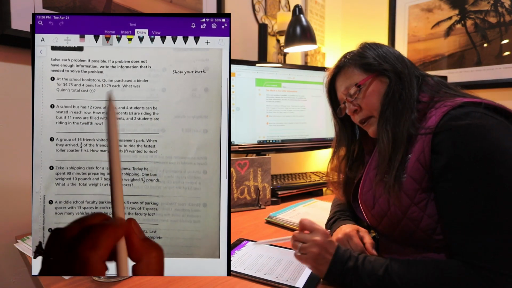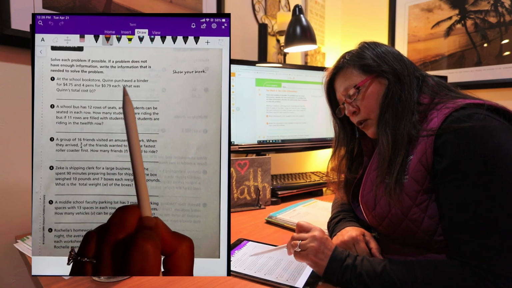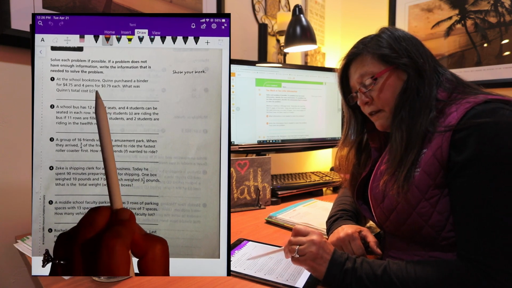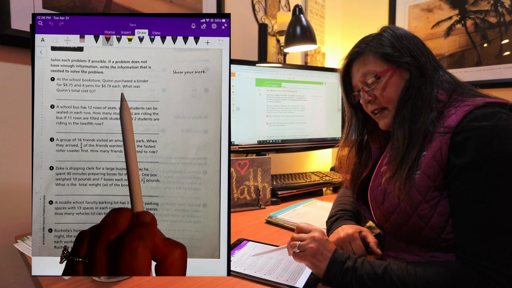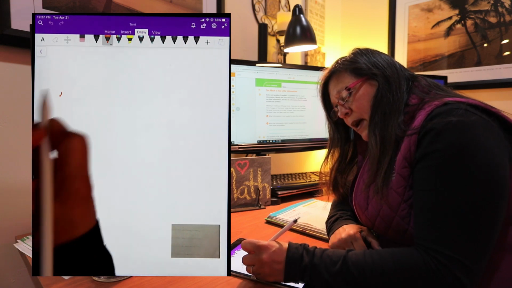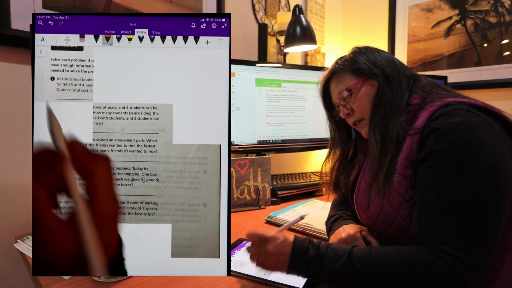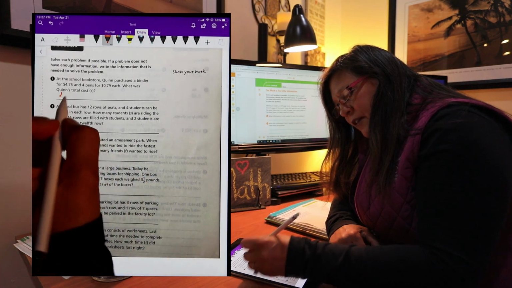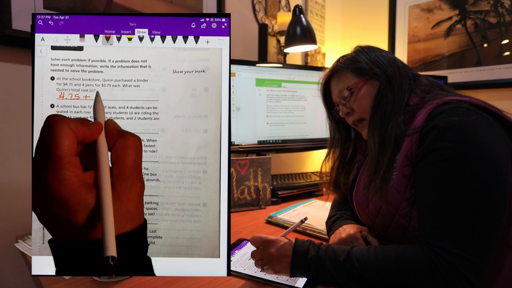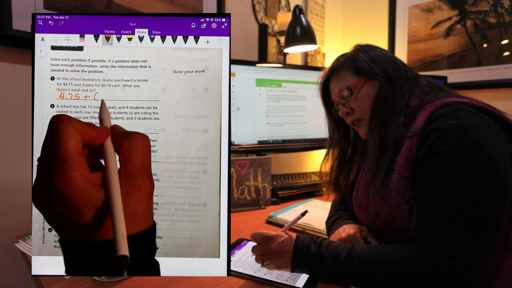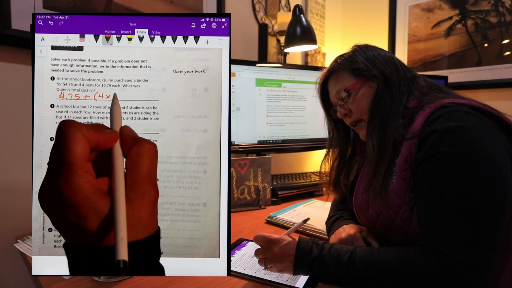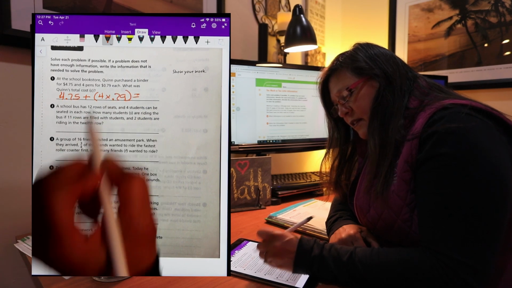Here we go. Number 1, at the school bookstore, Quinn purchased a binder for $4.75 and 4 pens for 79 cents each. What is Quinn's total cost? Okay, so we have a binder. Give it a moment to come back up. It kind of falls asleep. $4.75 plus, now in parentheses, because we need to have a separate operation here, we're going to do 4 pens at 79 cents.